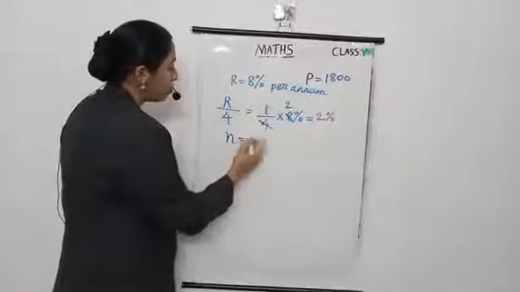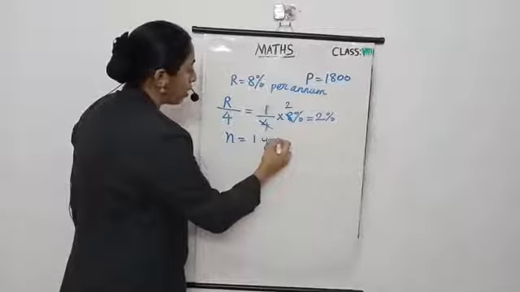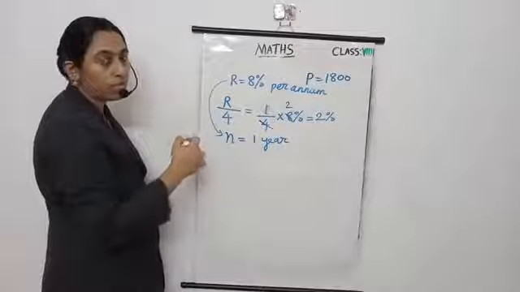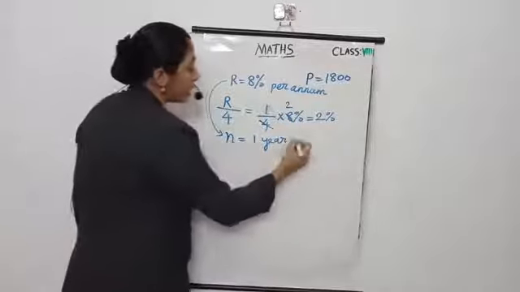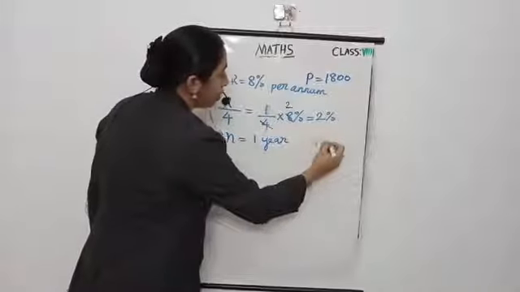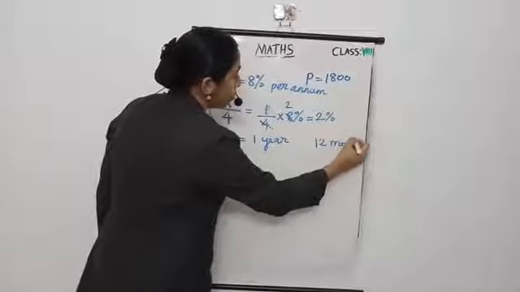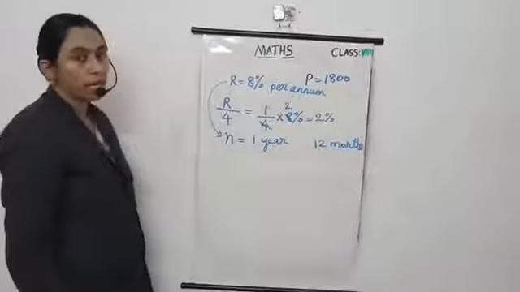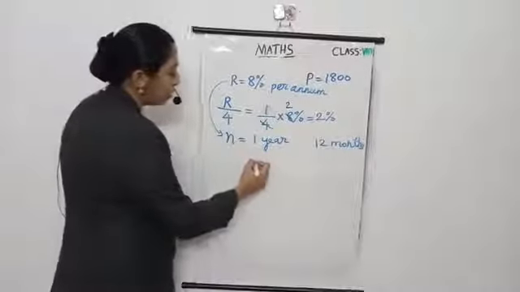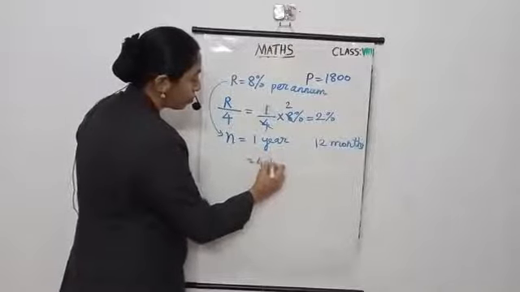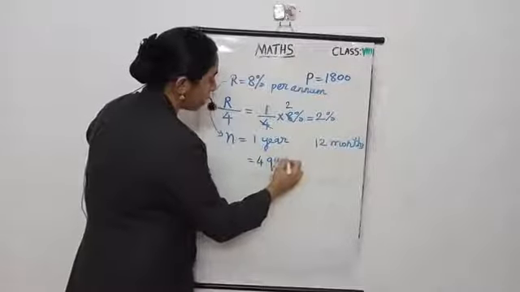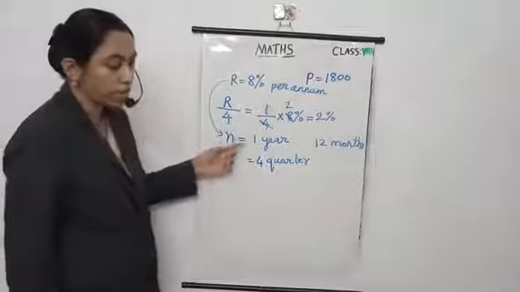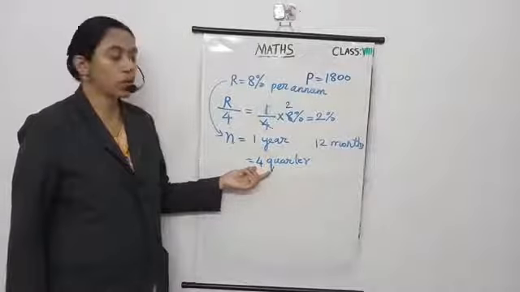Now N is given as 1 year. But we need to find this quarterly, that is, 12 months is divided into 4 equal parts. So here N equal to 4 quarters. Okay, 1 year is divided into 4 quarters.